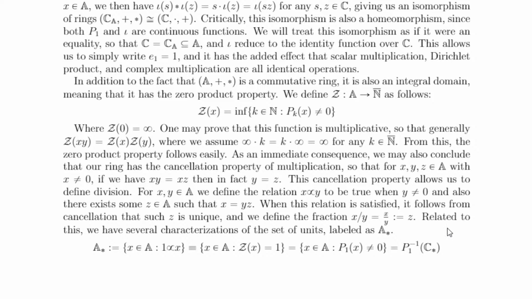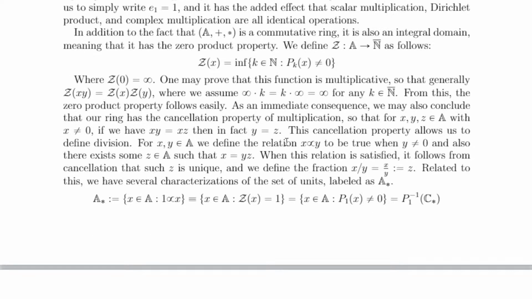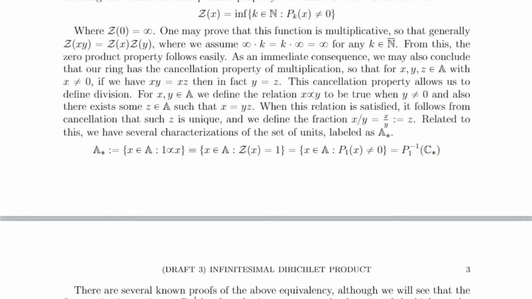But we can talk about how, for some values of y, this value of z will always exist. The values in an integral domain which you can always divide by are called units. So if you can always divide by something, it's called a unit. We're going to call our set of units A star.